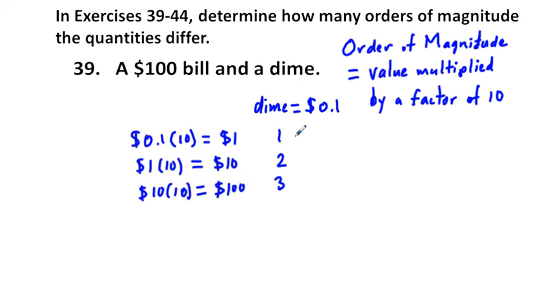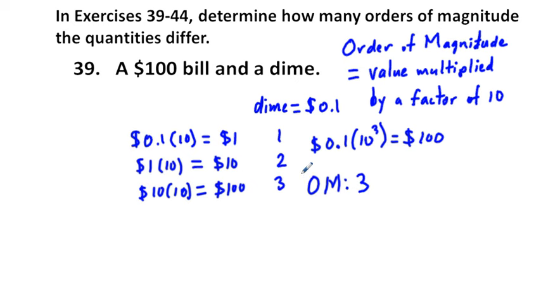So we multiplied this dime by 10 3 times. So one way to look at it, if we take this 0.1 times 10 to the power of 3, we're going to get $100. So I'm going to put OM, an abbreviation of order of magnitude, in this case 3. And that is our answer for problem 39.